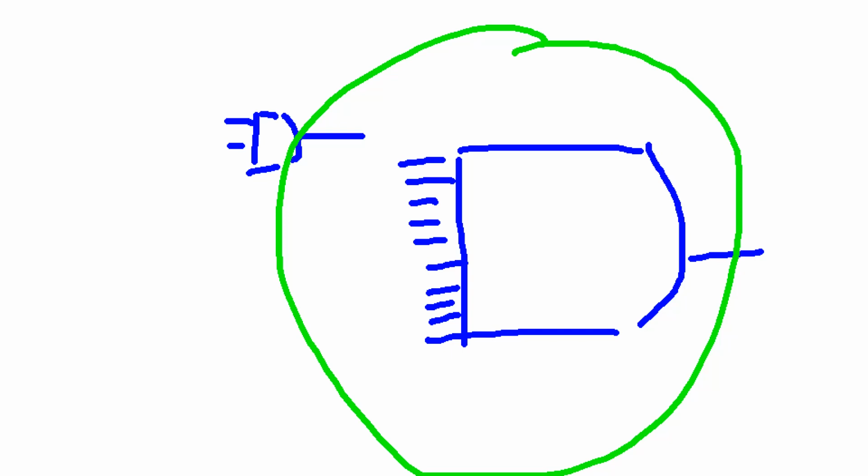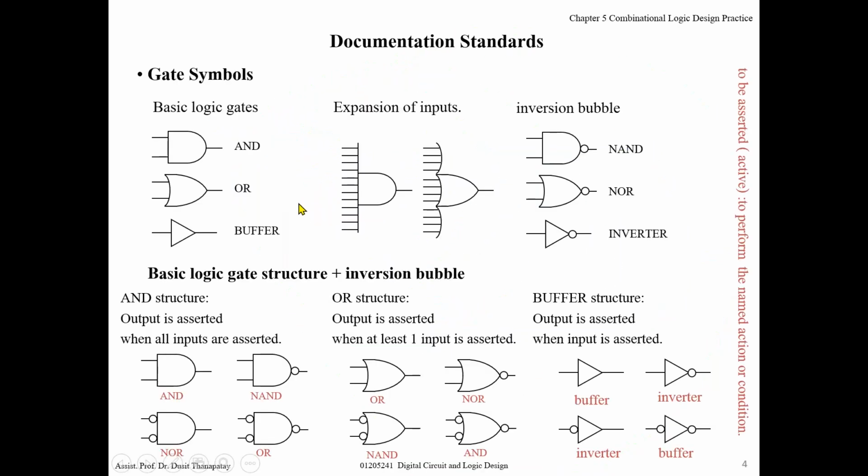It's so big. So in practice, we extend the input terminals of the logic gate for so many inputs. For an OR gate also, we extend it, and then we write something like this. And the inversion bubble works as the invert function.